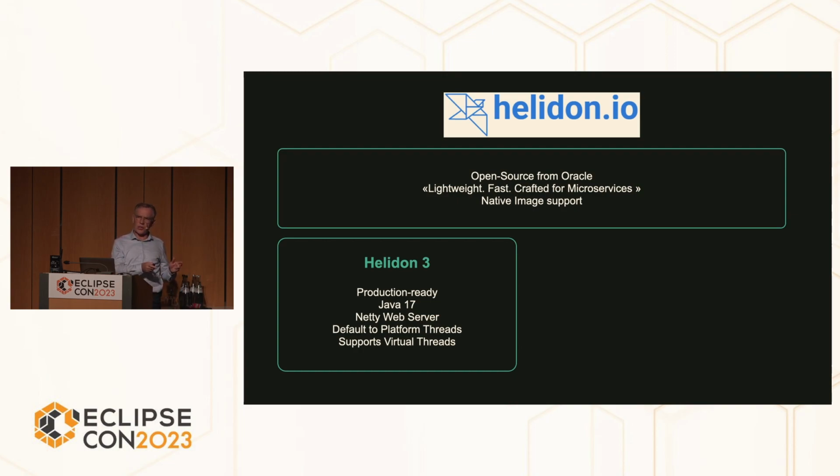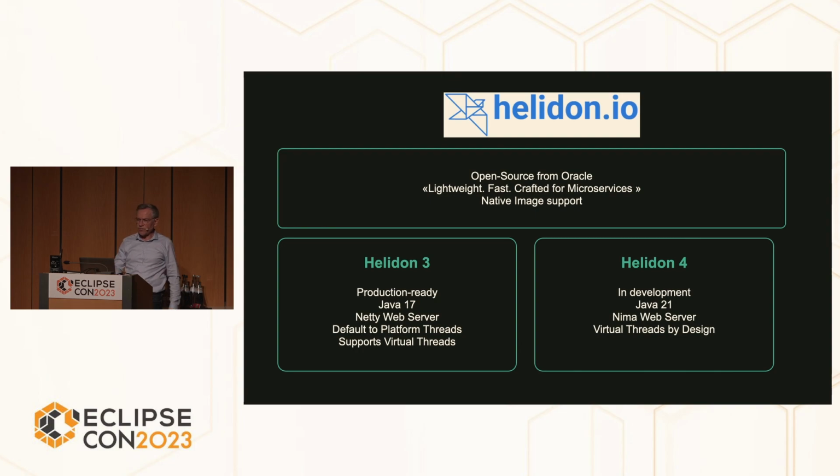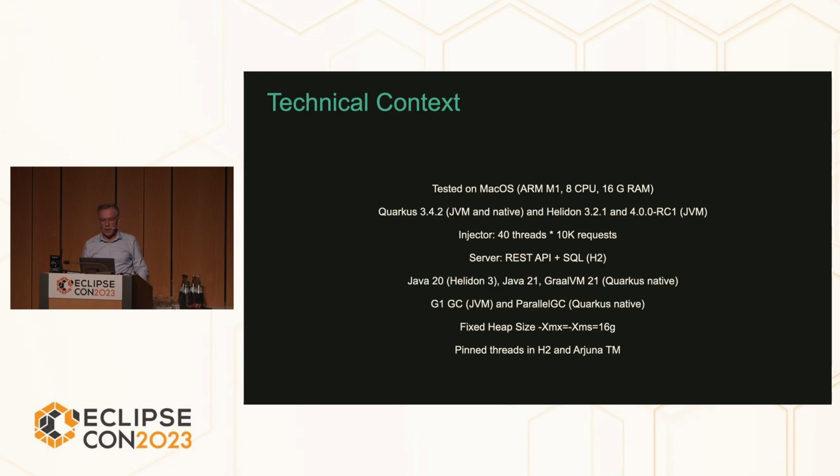Helidon 3, which is the current stable version, is based on platform threads and a reactive web server based on Netty. So no virtual threads at all in Helidon 3. Helidon 4, which is still in development and targets Java 21, is virtual-thread-based by design. Netty has been replaced by Nima, which is a brand new web server based on virtual threads.